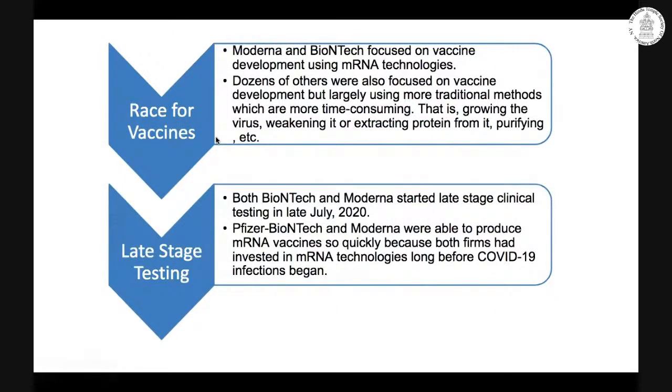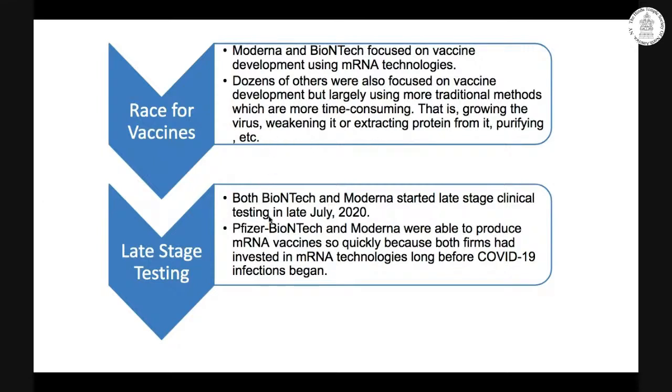Moderna and BioNTech focused on vaccine development using mRNA technologies. Dozens of others were also focused on vaccine development, but largely using more traditional methods, which are more time-consuming. That is, growing the virus, weakening it, or extracting protein from it, purifying it, and so on.